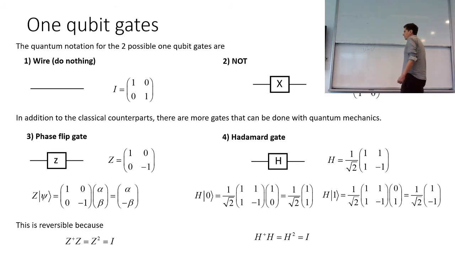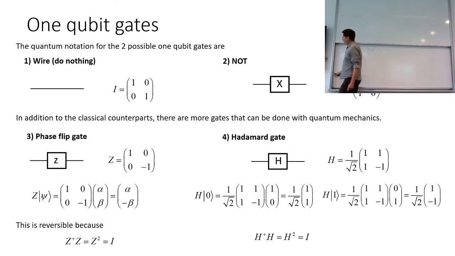What it does is, say you start with state 0 and then you apply this Hadamard gate, then it produces an even superposition. If you multiply this state by this matrix, then you get an even superposition of 0 and 1. If you start with the other state, then you get the state but with a minus sign.